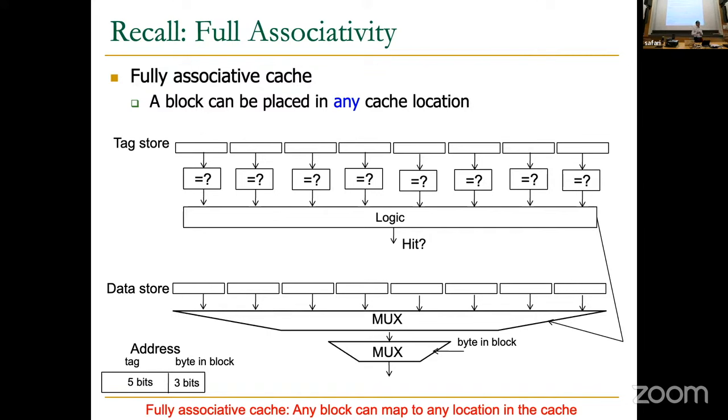This eliminates all of the possible conflict misses because everything maps to any possible location in the cache. So this is the most flexible organization, but the trade-off is that it's expensive. It has many comparators, large muxes, and we've discussed all of this.